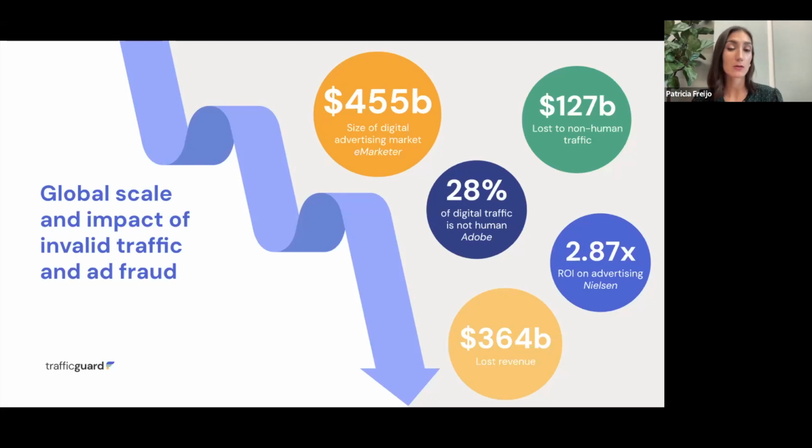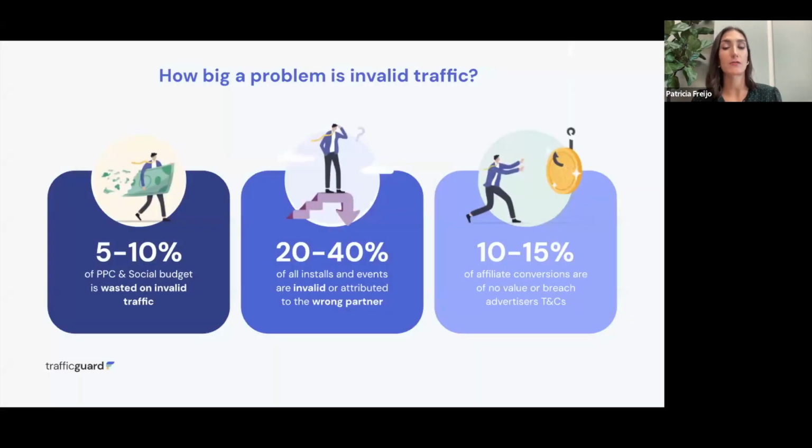We do this across a few different channels, so I wanted to show you how invalid traffic impacts these channels because it changes a little bit. When we talk about Google Ads, PPC, social channels, we tend to see anywhere between 5 to 10% invalid traffic on those channels.